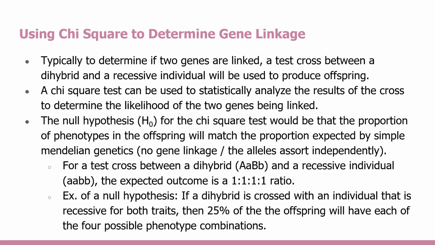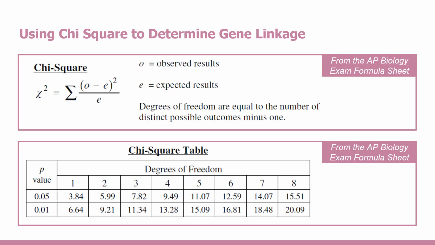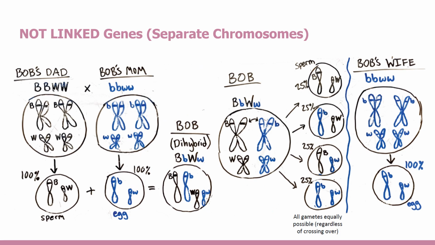And then if we reject this null hypothesis, we're stating that there are higher percentages for the parental phenotype versus the recombinant phenotypes, stating that, yes, these genes are most likely linked. Here's a reminder that the chi-squared formula and the chi-squared table are found on your AP Biology exam formula sheet, and you do not need to memorize it.